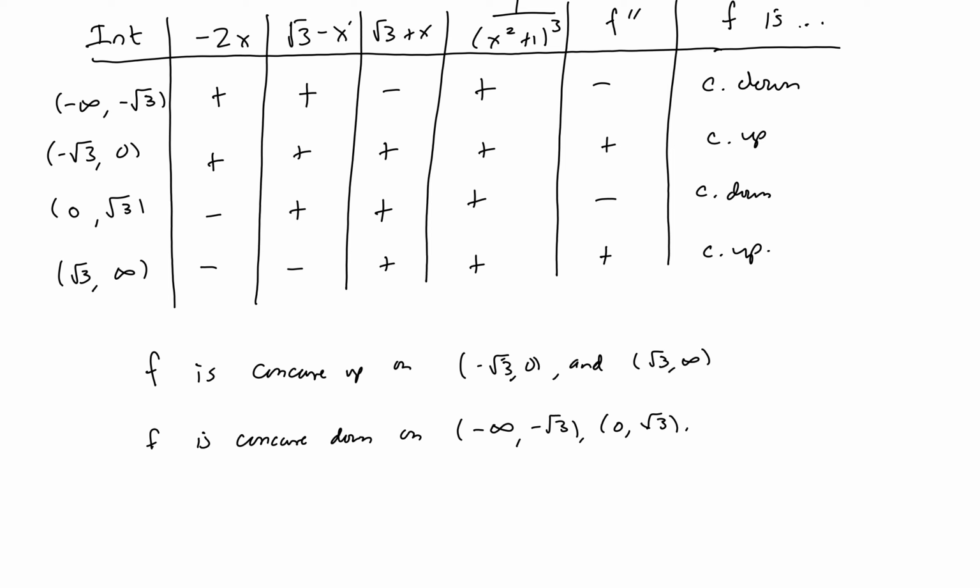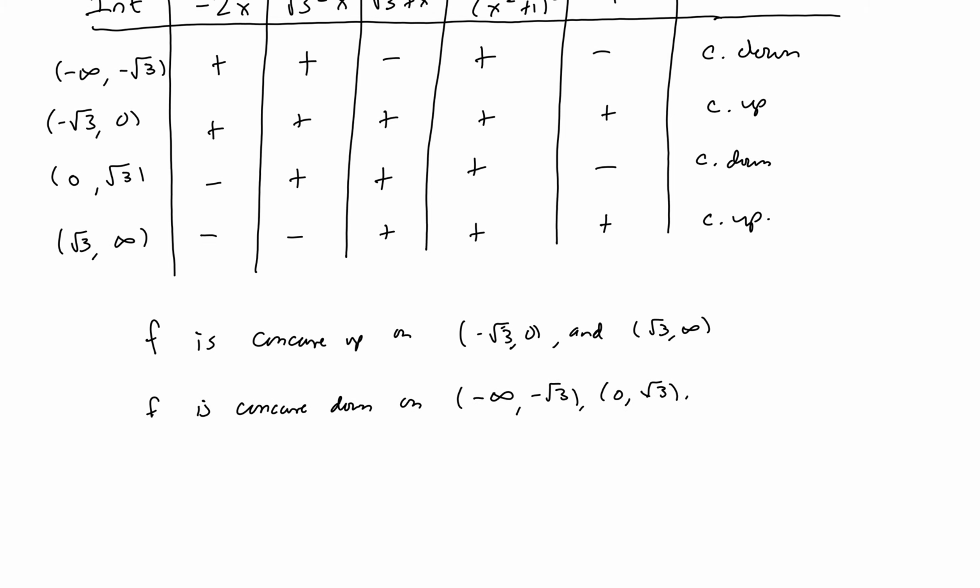And then we can see where it changes concavity. So the inflection points are when x is equal to minus root 3, because it changes from concave down to concave up. When x is equal to 0, because it changes from concave up to concave down. And then when x is equal to root 3, because it changes from concave down to concave up.